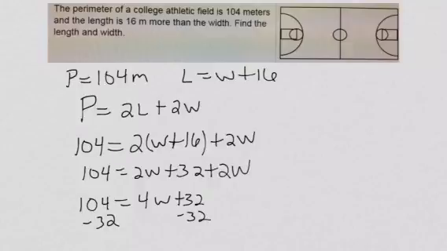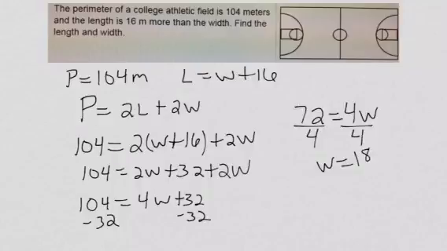We get 104 minus 32 gives me 72, equals 4W. And now my last step is just divide by 4 on both sides. And that gives me W equals 18 meters.